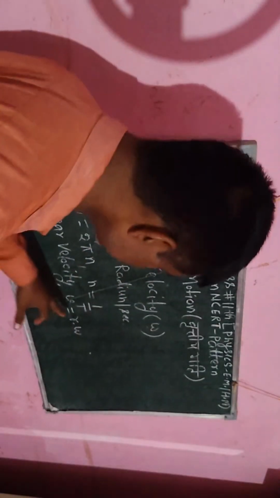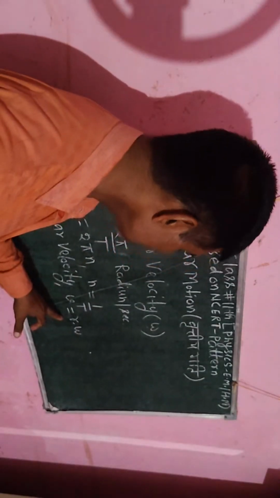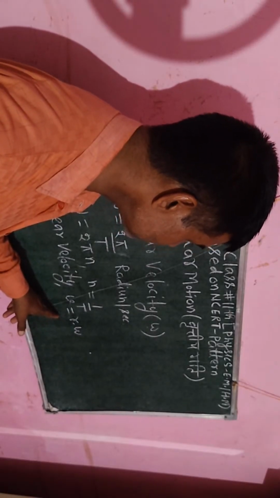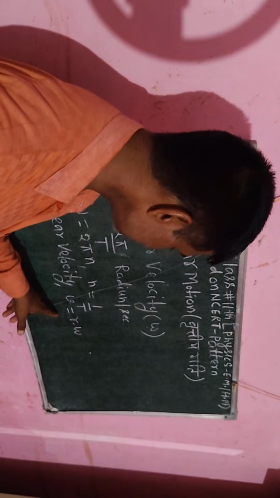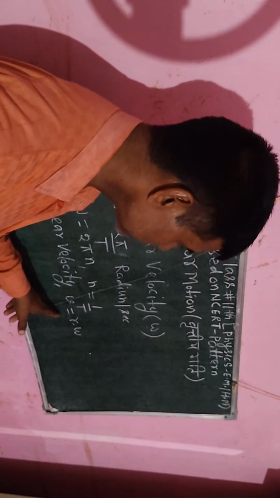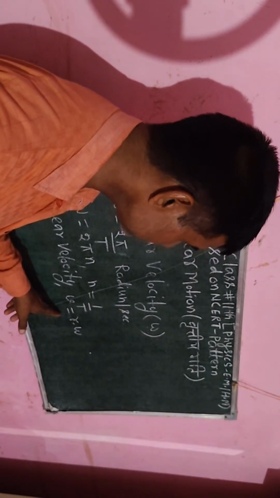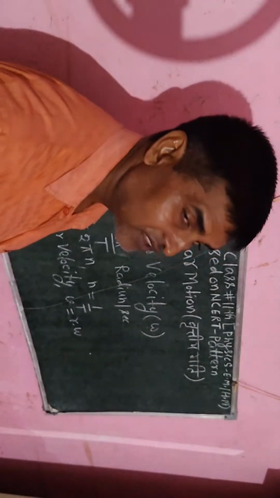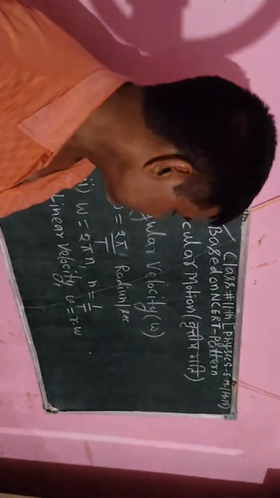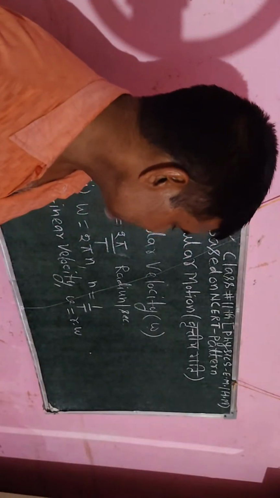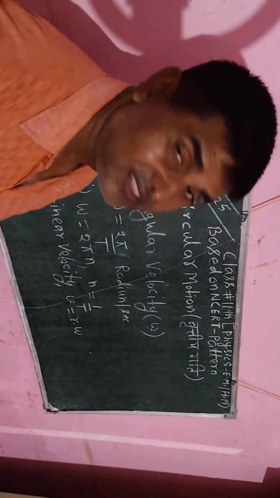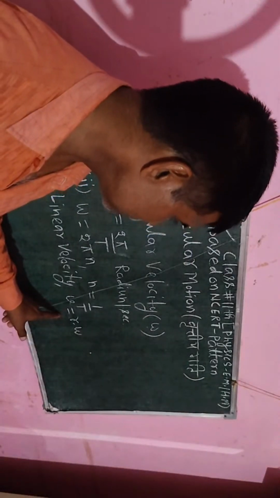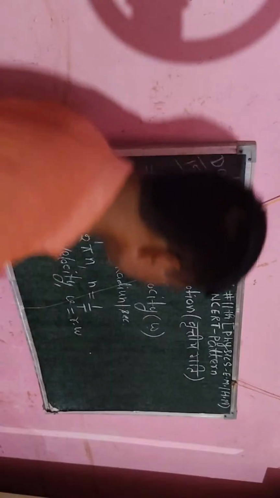So r is the length for a particle which is moving on the circumference of a circle. From the center of the circle to the periphery of the circle, that distance is called r. In other words, we can say that this is the radius of a circle.